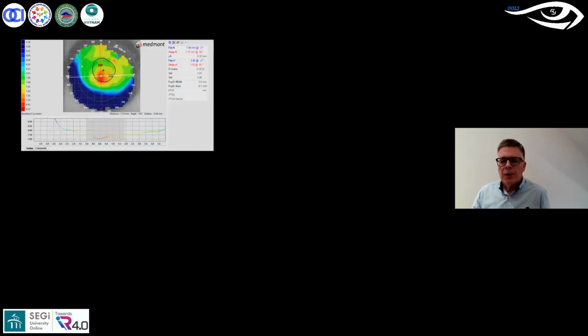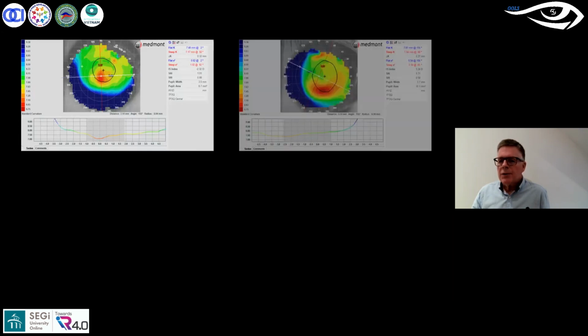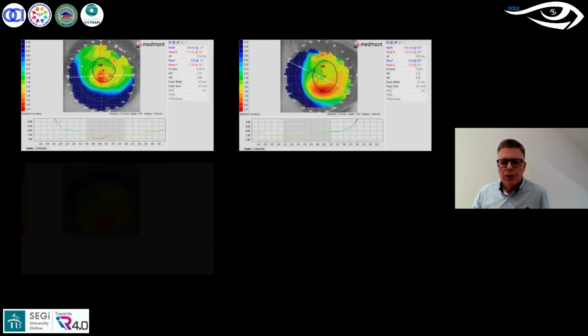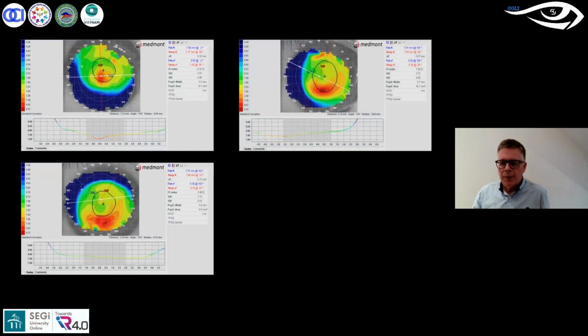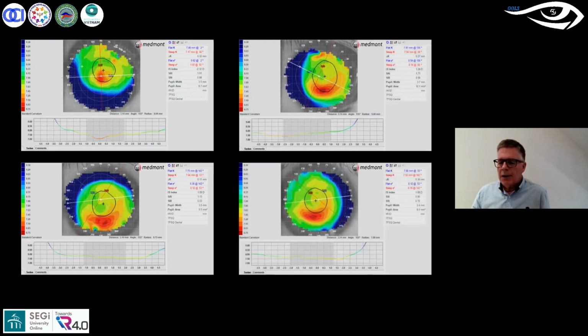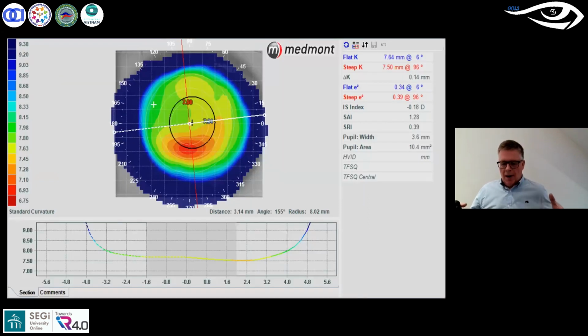So what we do is we ask the patient to look up, we take an image. We ask them to look to the left, we take an image. We ask them to look down, we take an image. And to the right, we take an image. And lo and behold, the computer pulls all these images together to make what we call a composite map. So we can see here that the keratoconus is inferior to the visual axis.